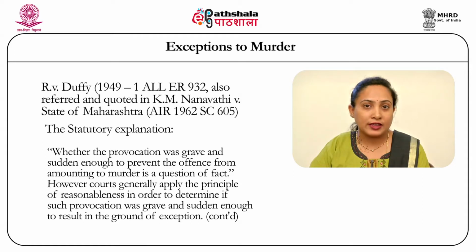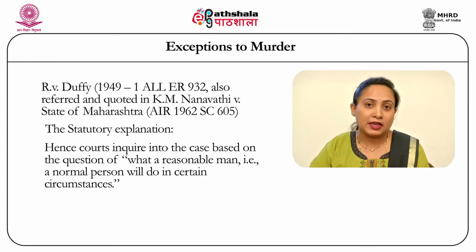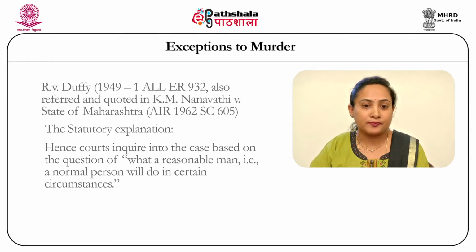Now, this makes it the duty of the court to ascertain from the facts of the case whether the provocation was the one which would make any other reasonable man lose his self-control and thereby qualify itself to be a ground of exception. Now, this needs to be ascertained by the court by applying the test of the reasonable man. That which can provoke any other reasonable man, if it provokes this accused in a given case, would certainly be considered as a ground of exception.